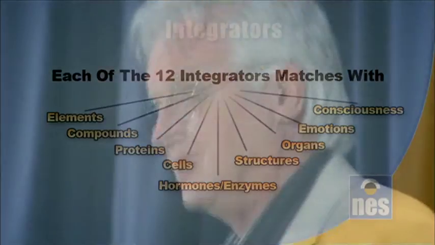So this is beginning to look very interesting. We haven't got a cure-all in the integrators, but we've certainly got a broad sweep going from the creation of the elements right up to who we are. So in other words, the integrators are very, very broad in their effect.